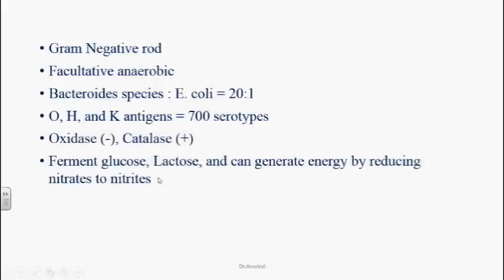E. coli can ferment glucose and lactose, and they can produce energy by reducing nitrates to nitrites.